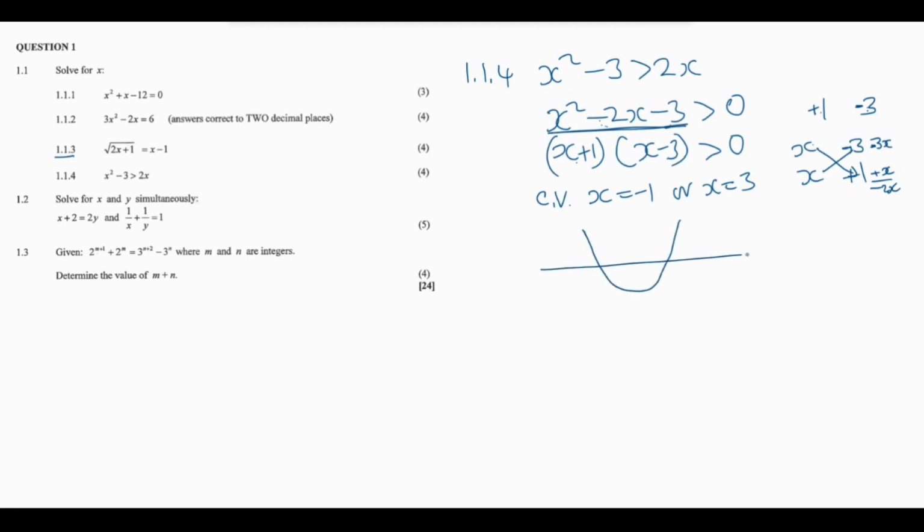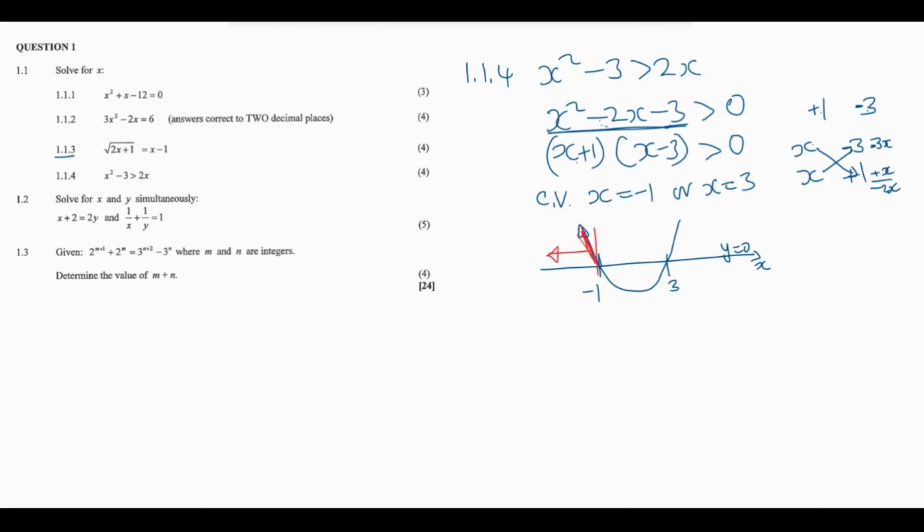And then this is the line y is equal to 0. And you're saying our critical value here is negative 1. And then here is 3. So we're saying where is the graph greater than 0, above the x-axis? This is the x-axis. Where is the graph above the x-axis? The graph is above the x-axis from here. So basically from this side going to the left, that's where the graph is above the x-axis.